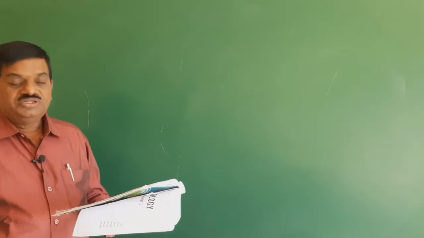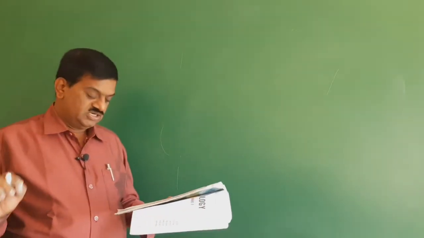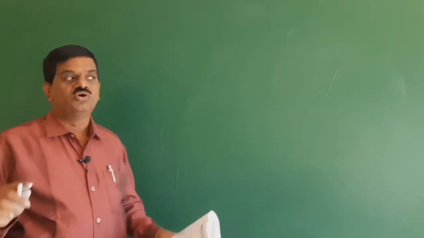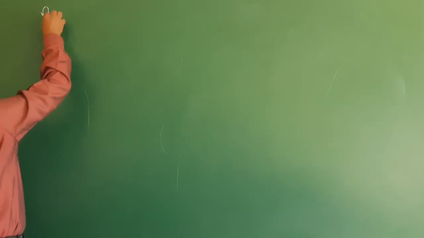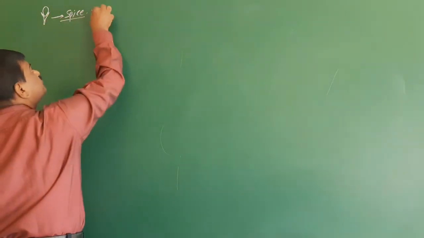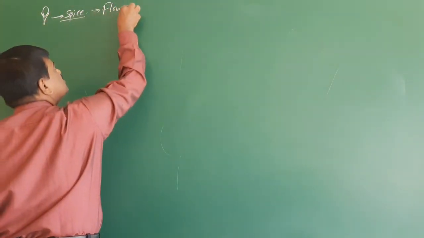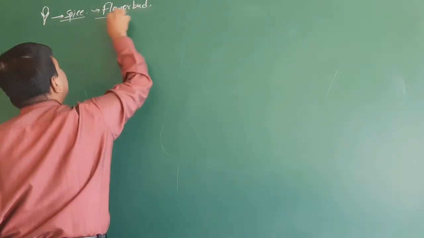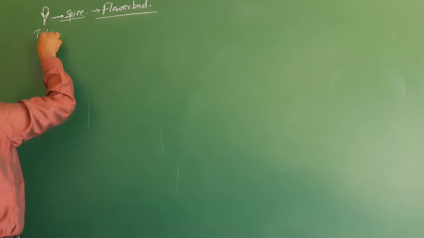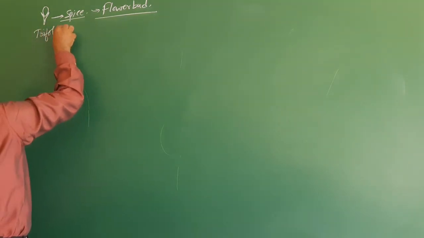The right answer is flower buds. The clove will be in this shape, and this is used as a spice, and this is called a flower bud. Here there is a presence of trifoliate compound leaf.